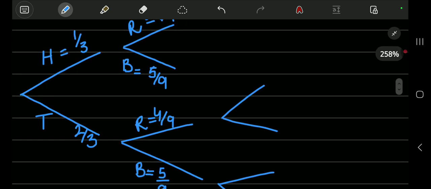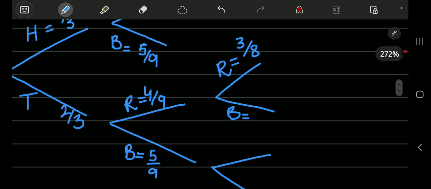So in case he gets the first red, then the probability for the second red would be 3 out of 8, because now one less from the red and one less from the total. But if he gets blue on the second, then he will have the same 5, because there is no less in blue but one less in the total, so 5 over 8.